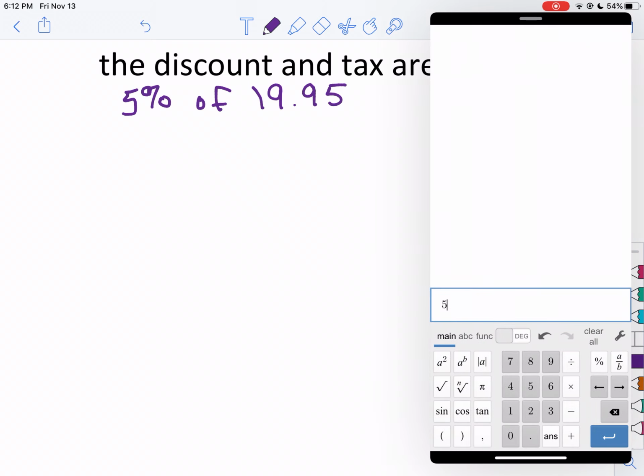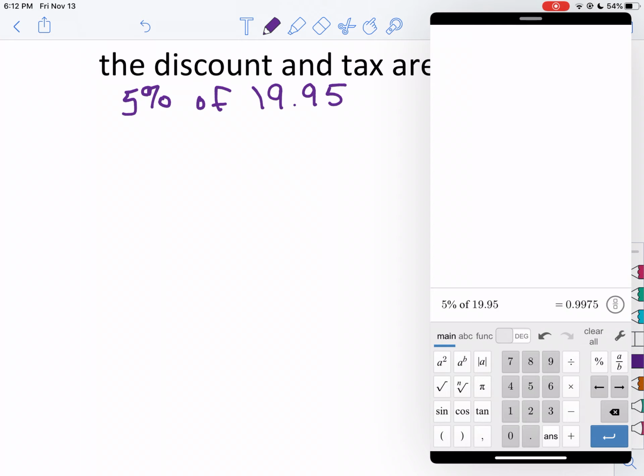So 5% of $19.95 is 0.9975. Because we have to round to the nearest hundredth, and that's a 9 there, but next to it is a 7, that would make that 9 go up to a 10, which would then make the 9 there go up to a 10.